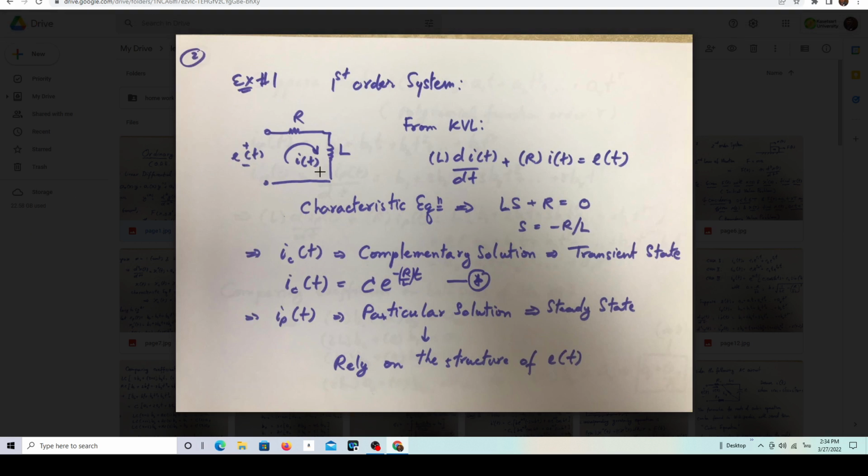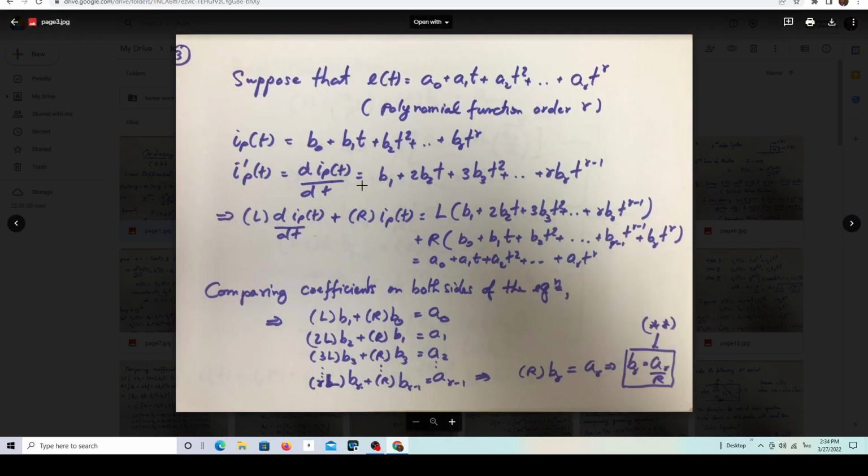They are two different values with different units. In physics, E has the unit volt, and I(t) has the unit ampere. Since they have different units, the parameter b sub 0 might not be the same.